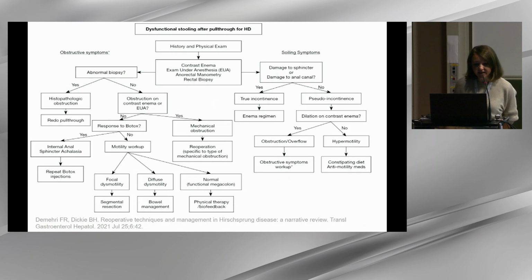I like this slide even better. This is from the pediatric surgical team from Boston Children's Hospital. Very detailed on how we should approach those children, and really having in mind that if they don't learn how to feel their body and go to the toilet, at some point we will transition those patients with their problems into adult care.